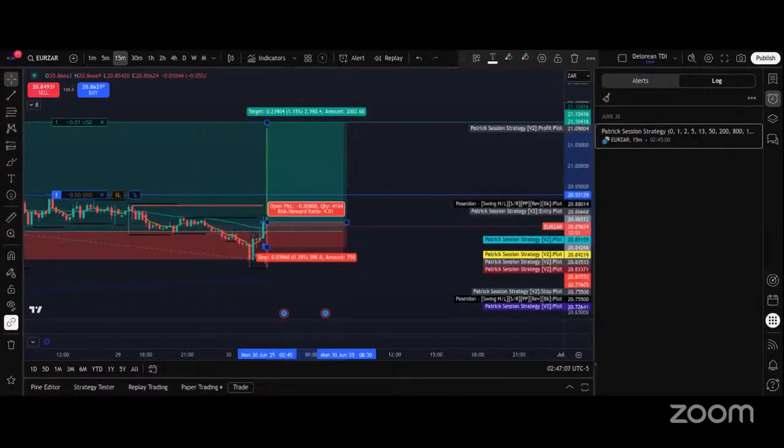Stop loss is going to be at 20.80552. That's going to be for 596 pips. And entry price is going to be at 20.86512.